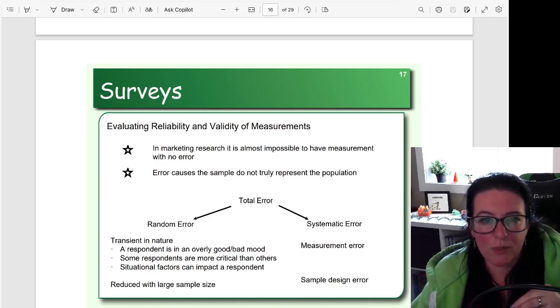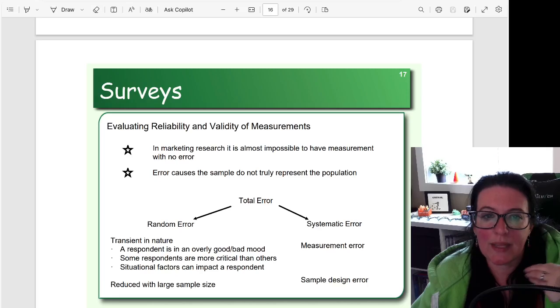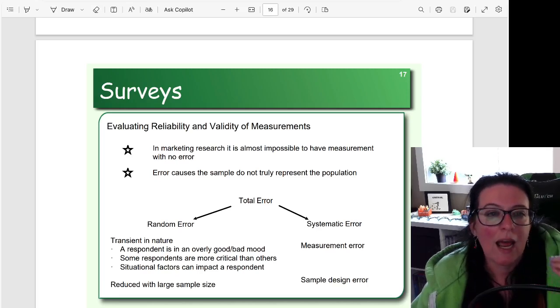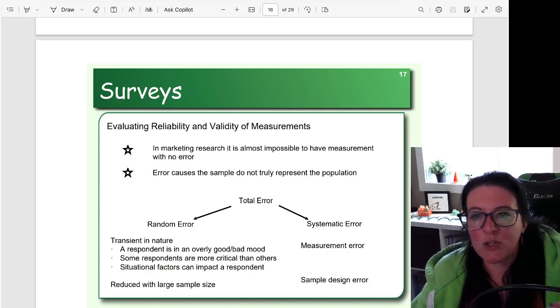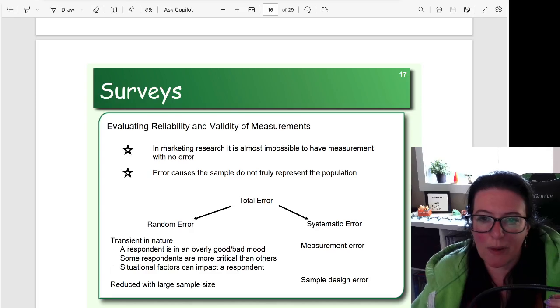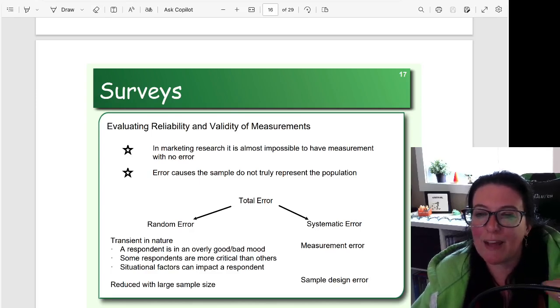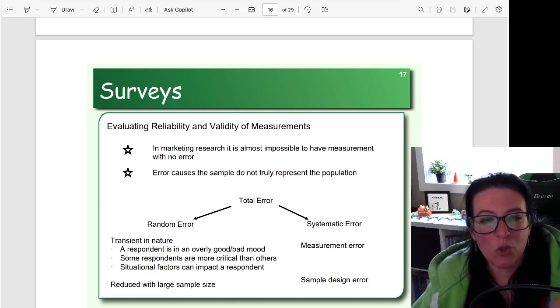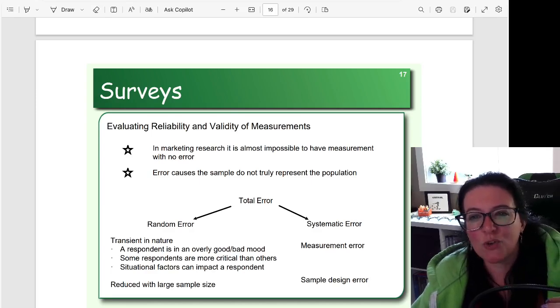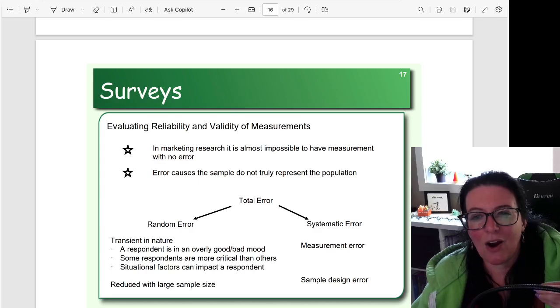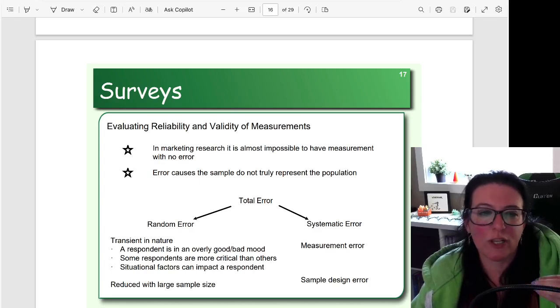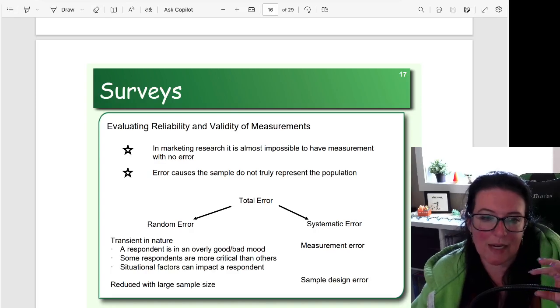This is error that results from variations between the information being sought and what is actually obtained. So when we look at measurement error, and this is where we talked about before, that reliability and validity in our measurement tools, we need to make sure that the tools we use actually answer the questions that we have, that they give us the information we're actually looking for. So that was our measurement error.